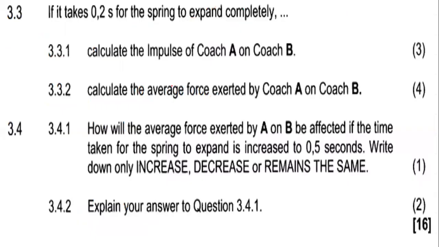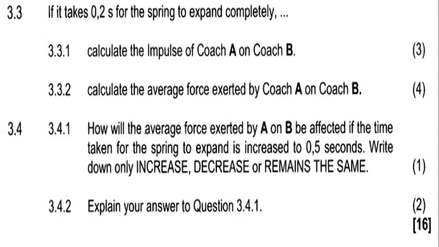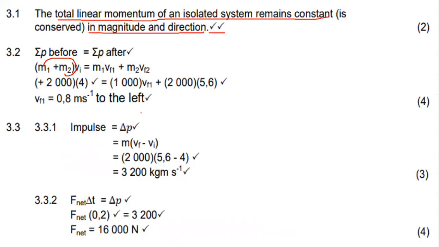When you go to your diagram, you should see that our coach 1 is the coach we refer to as coach A, and our coach 2 is coach B. I know that some of you are going to prepare in your respective provinces. For example, learners in Gauteng, you most probably have access to these questions and marking guidelines, and you see something like this and you become a little bit surprised.